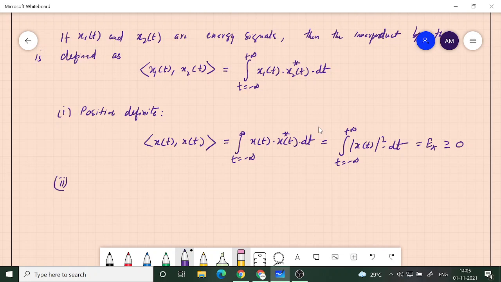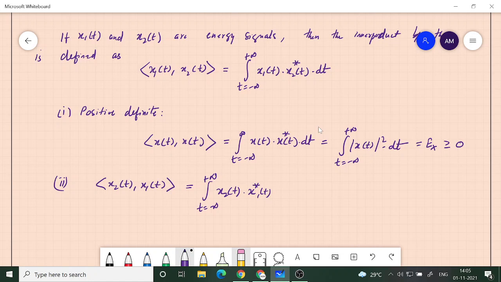The second property, as I told you, is about interchanging the order in which you enter the functions. If I interchange and write x2 of t, x1 of t, so instead of writing x1 of t first I write x2 of t, then according to the definition, t going from minus infinity to plus infinity, whatever we enter first is multiplied in its original form with the second entry, which is the complex conjugate of x1 of t.